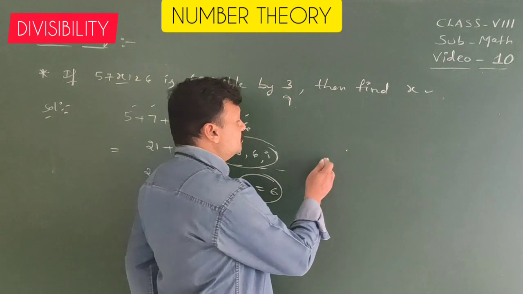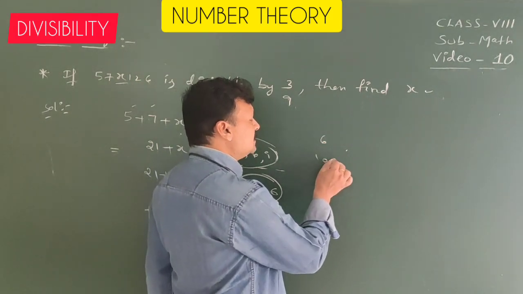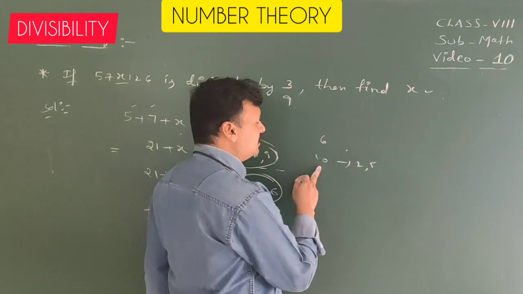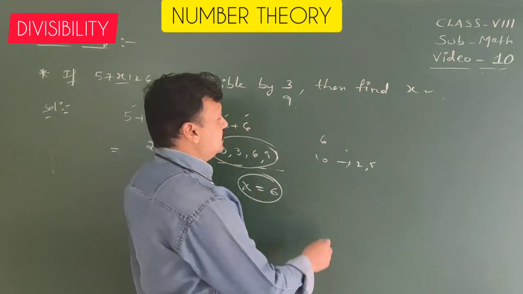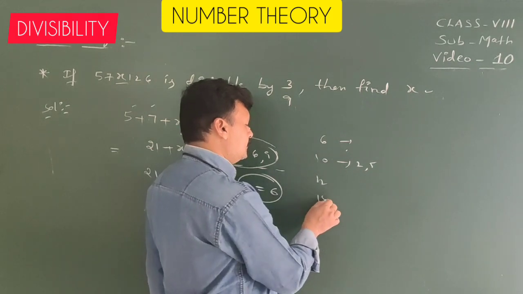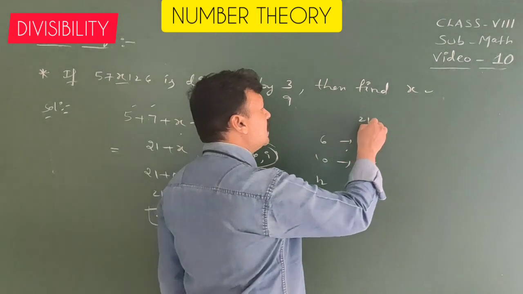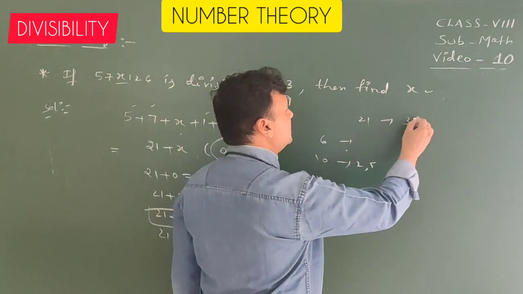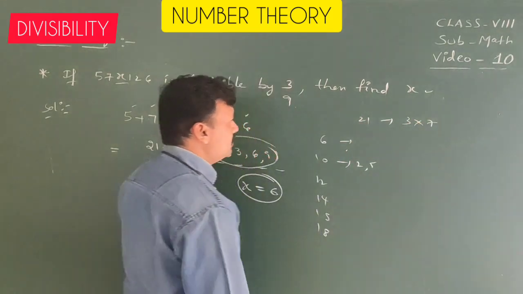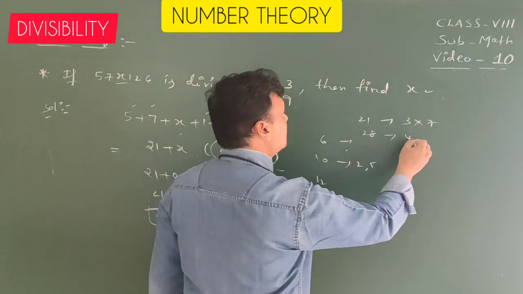Divisibility rules for composite numbers: for 6, and for 10 also, you can say the number is divisible by 2 and 5, so it is divisible by 10. Similarly 12, 14, 15, 18. For 21, the number is divisible by 3 and 7, so it is divisible by 21. For 28, 4 and 7.